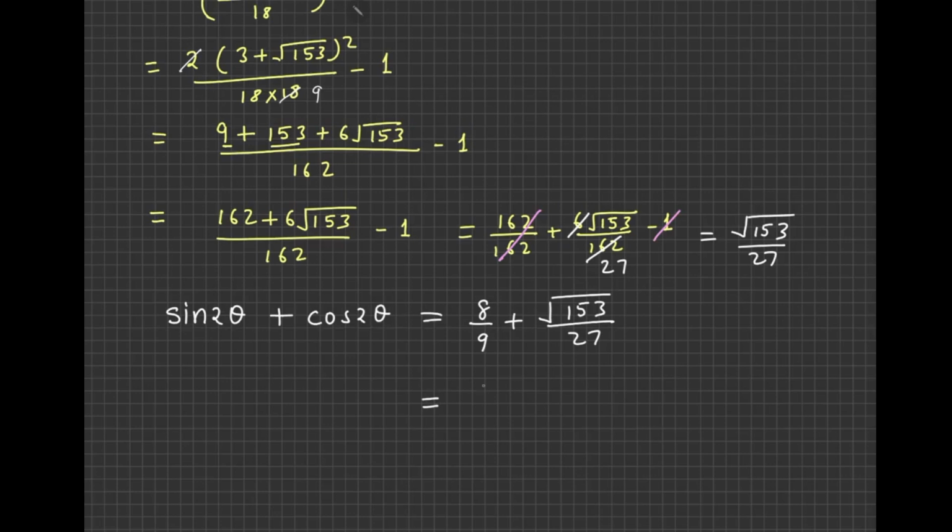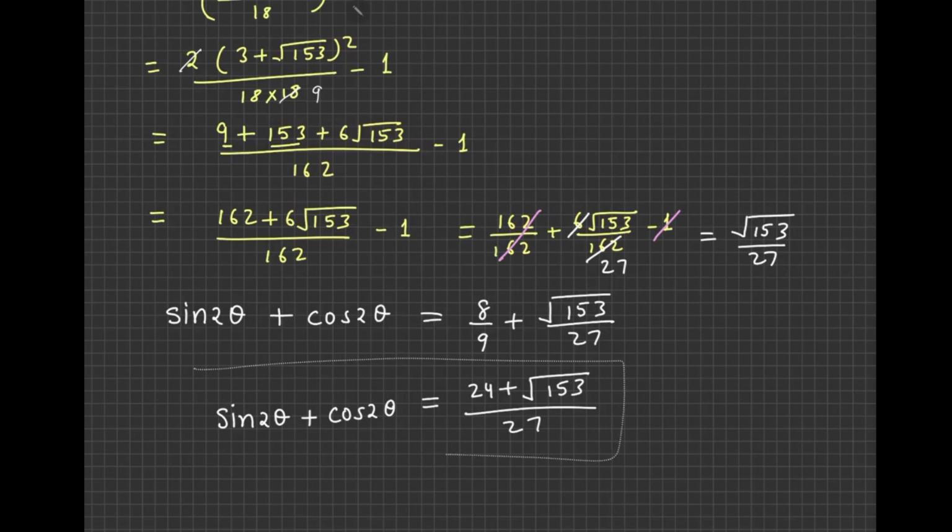What does this give us? This gives us 24 plus square root of 153, divided by 27. That is sine 2 theta plus cosine 2 theta. And here's our full and final answer.